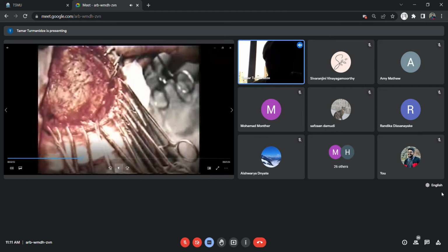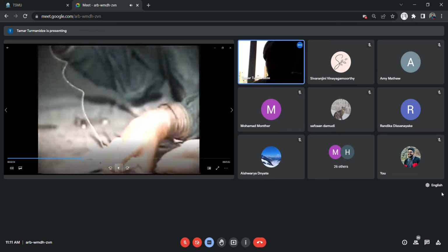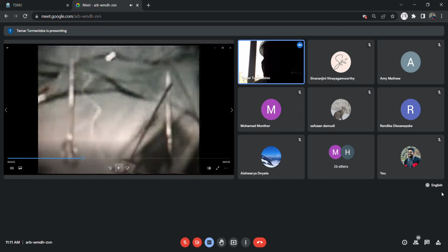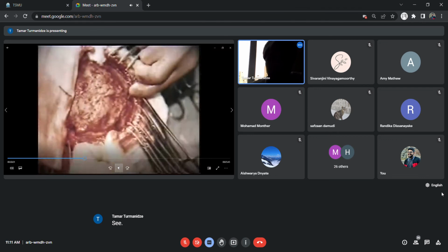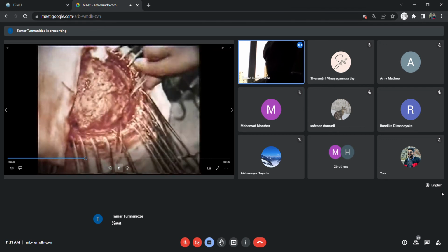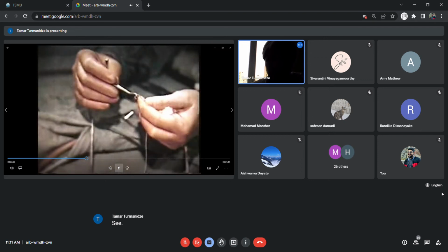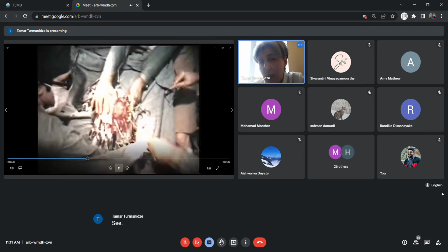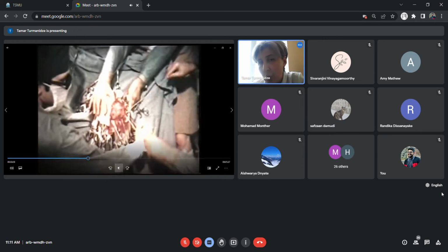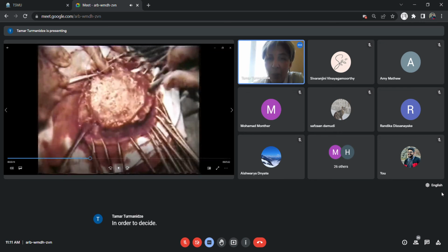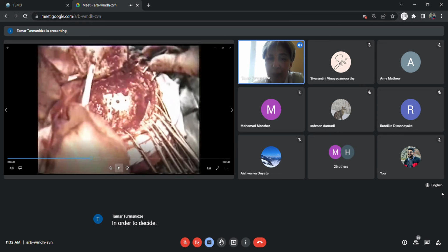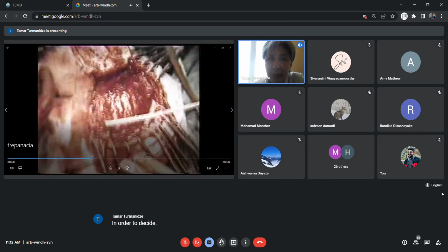This is the Gigli saw. And by this instrument the bone is dissected. Then it is placed in the other two holes, and we get a bone flap. This is the bone flap, which is removed from the wound.